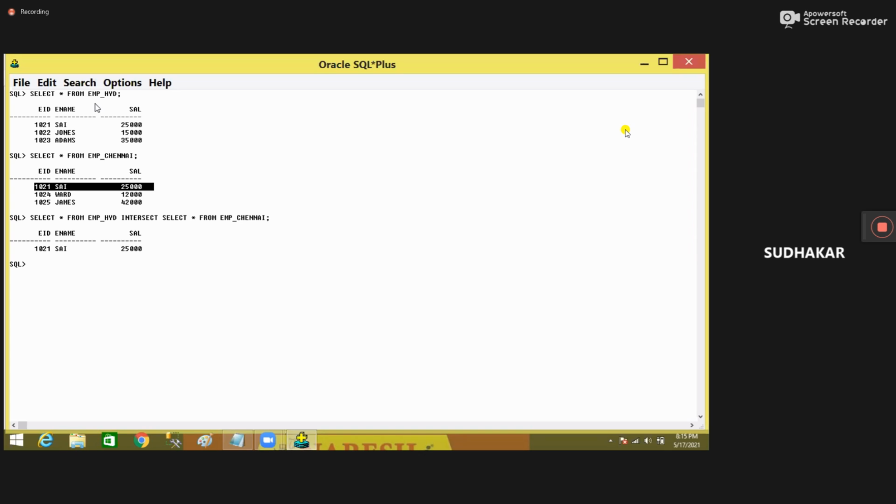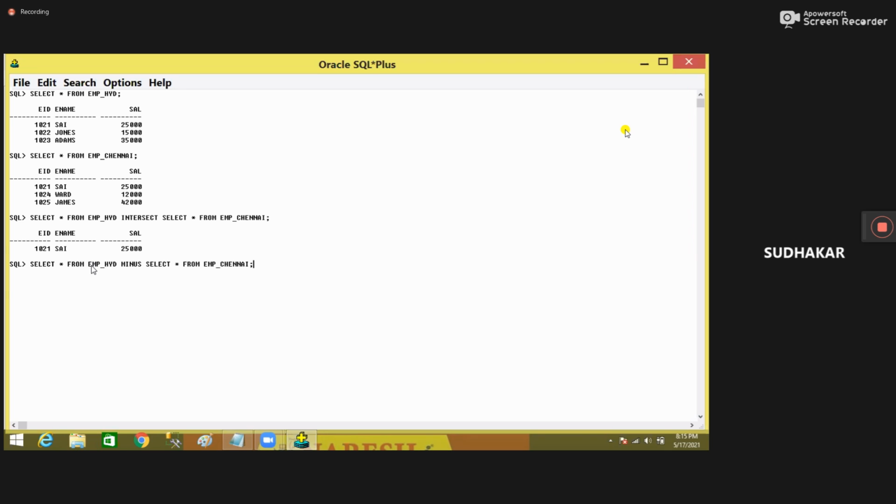But I want only Hyderabad, then which table do I keep on the left side of the minus? Whichever you want, that table you have to keep on the left side. Suppose Hyderabad, which operator, minus, select star from EMP underscore Chennai.